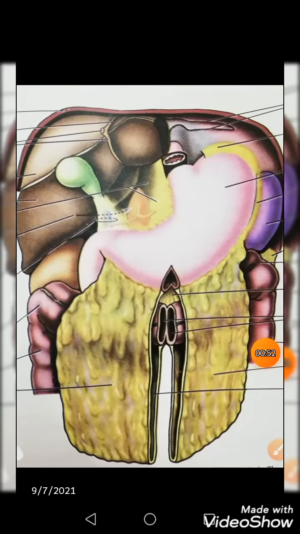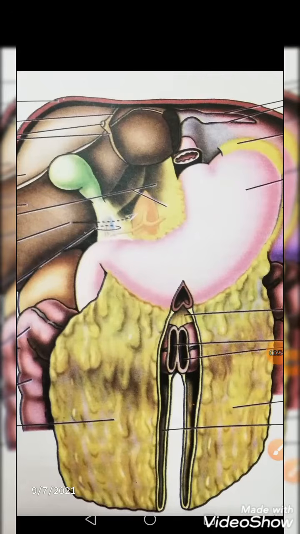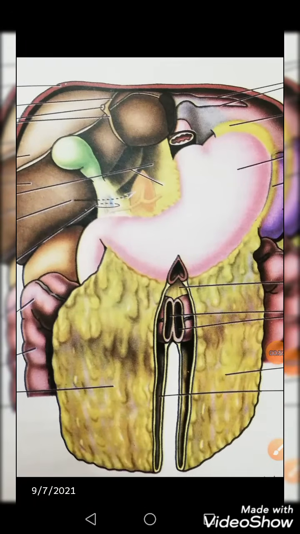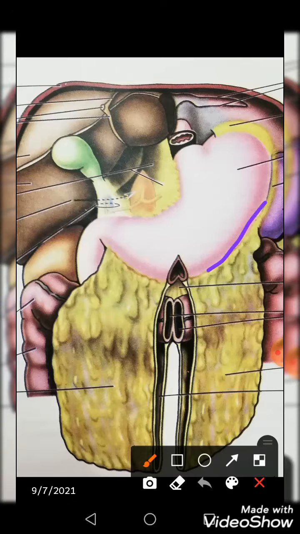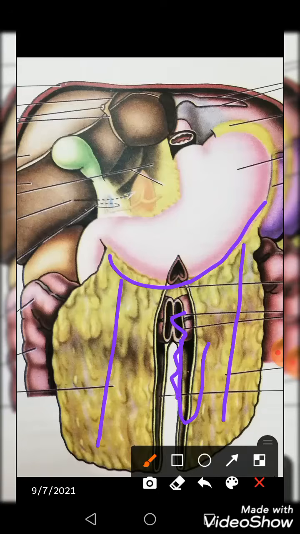Again another important picture, showing the main feature along the lesser curvature of the stomach. You can see this apron-like structure is the greater omentum, and it is being cut in the middle to show you its 4 layers.